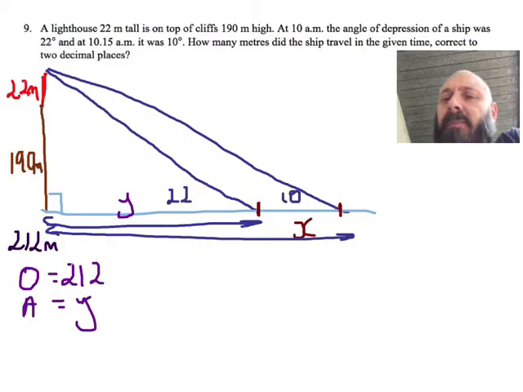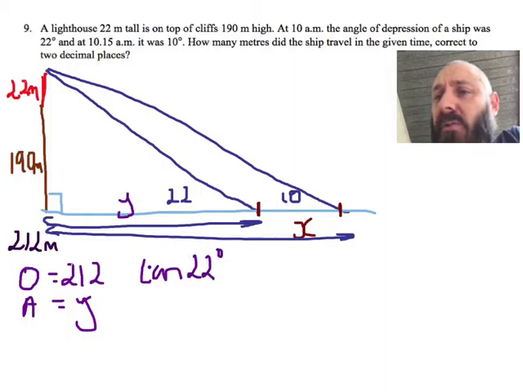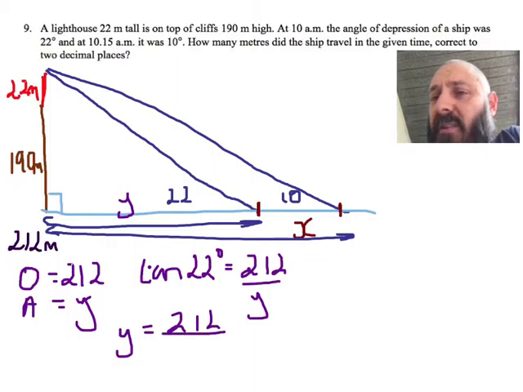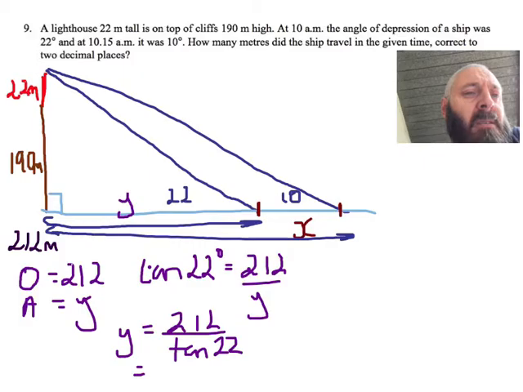SOHCAHTOA, I think I'm using opposite and adjacent, what's that, tan? So I'm going to have tan 22 degrees equals the opposite over the adjacent, y equals 212 over tan 22, which is hopefully 524.